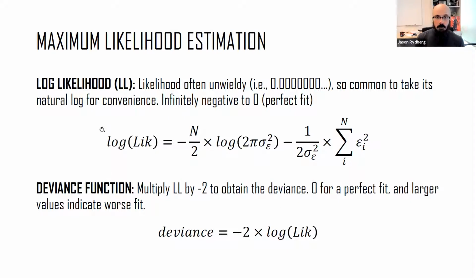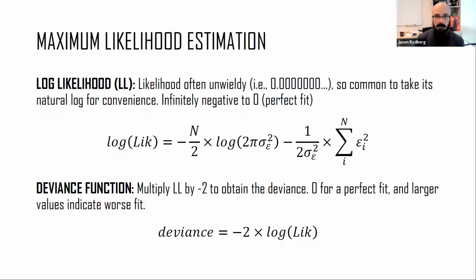Once we have the log likelihood, if we multiply it by -2, this will produce a value called the deviance, or in some software the -2 log likelihood. The reason we do that is it produces a minimization criterion. If it has a value of 0, the model has a perfect fit, and larger values indicate worse fit.